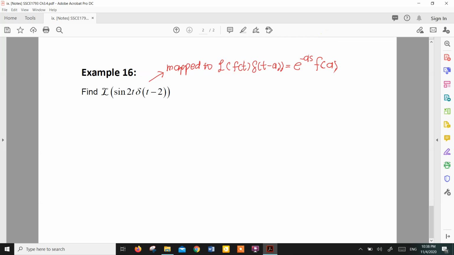Okay, so for this question, our a is equals to 2 and f(t) equals to sine 2t.